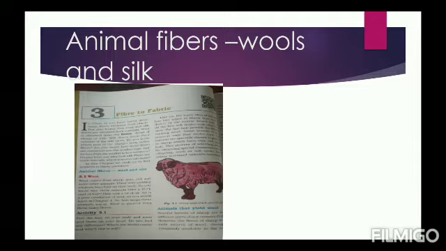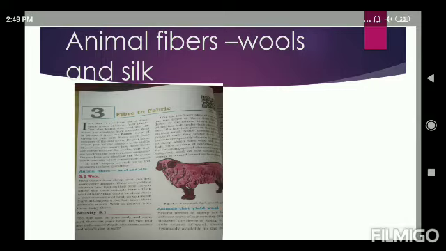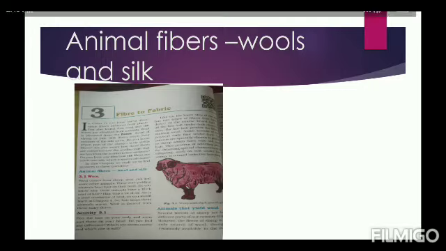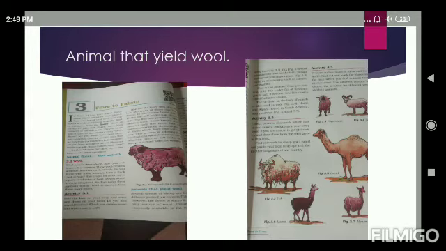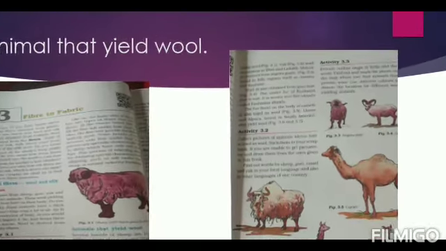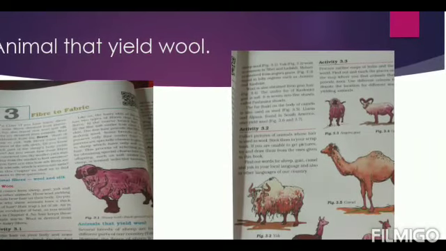Animals that yield wool. Several breeds of sheep are found in different parts of the country, as in Table 3.1. However, the fleece of the sheep is not the only source of wool. True wool commonly available in the market is sheep wool.